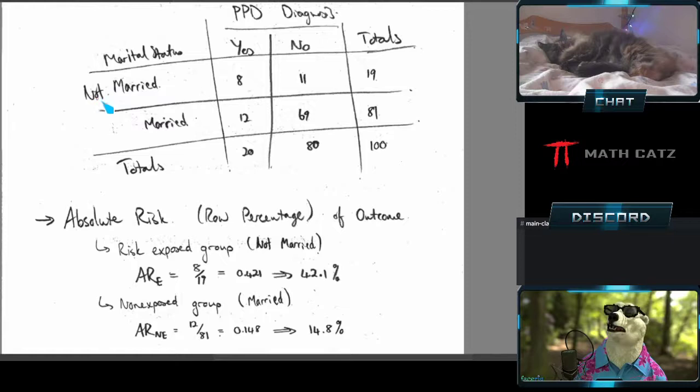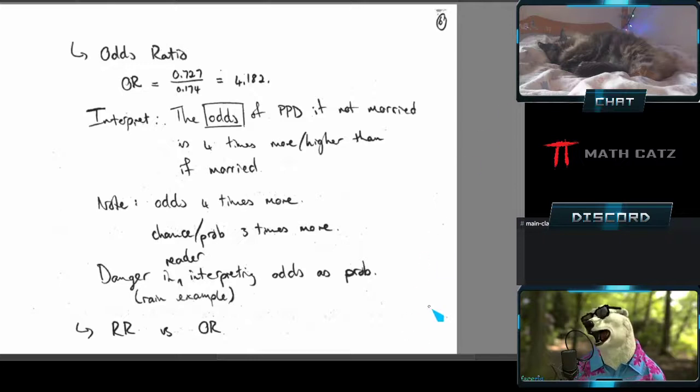If the effect of being married and not married is very small on postpartum depression, then the relative risk and the odds ratio will be very close together, and it really doesn't matter. Like if one says, oh, it's 2.8 times worse, and the other one says it's 2.9 times worse, what does it matter? There's no risk in leading the reader astray.